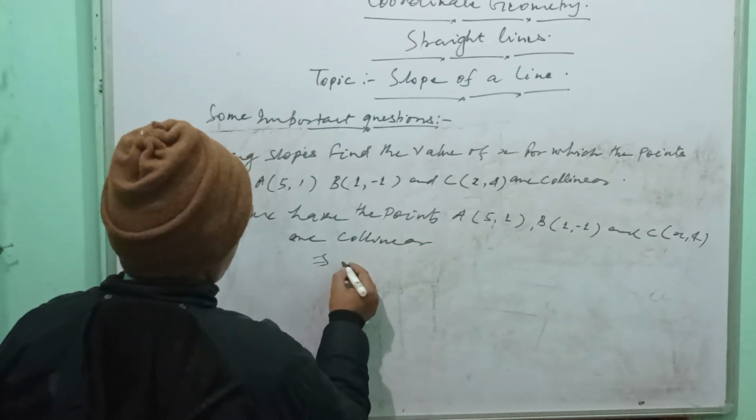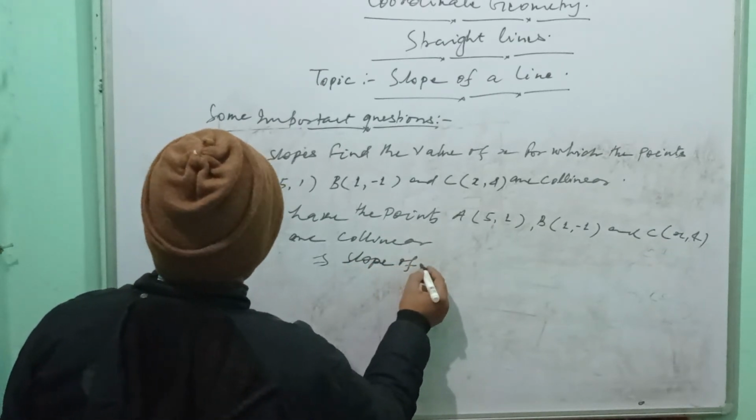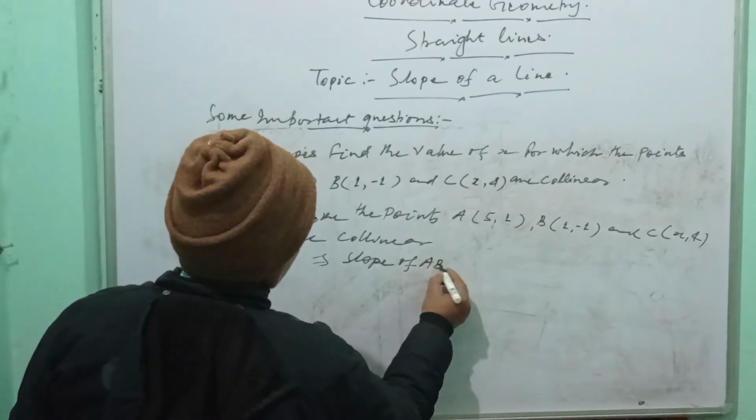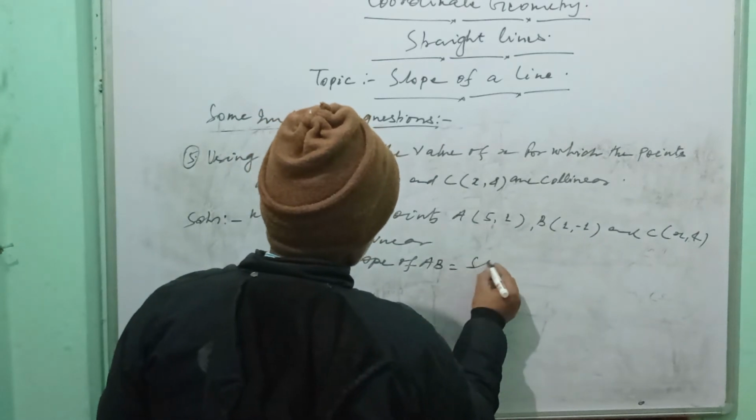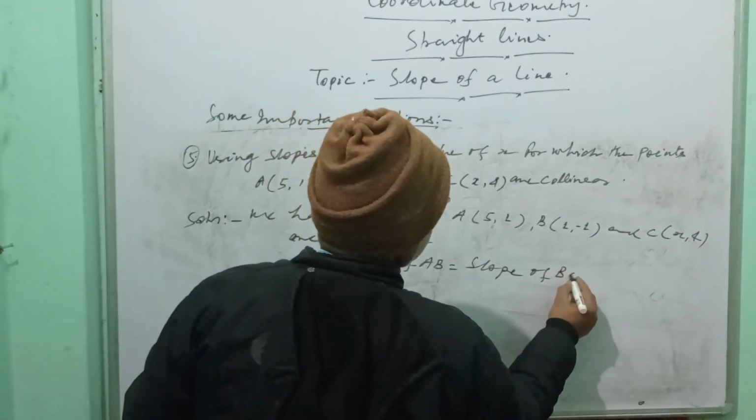This implies slope of AB is equal to slope of BC.